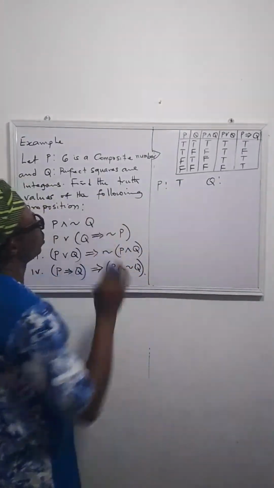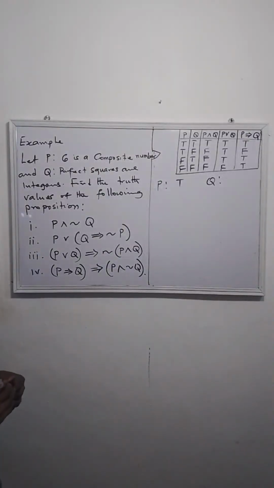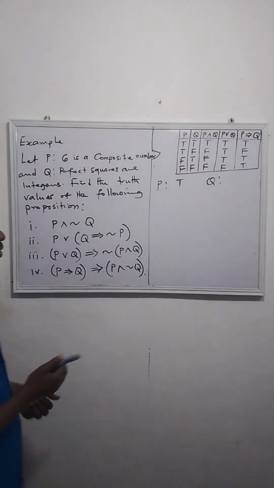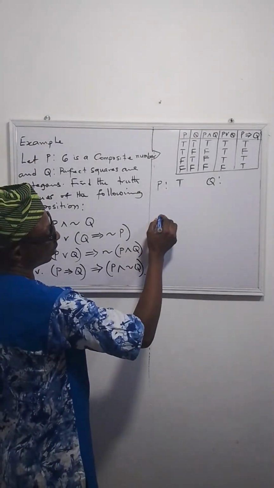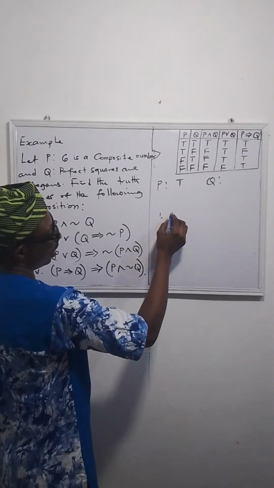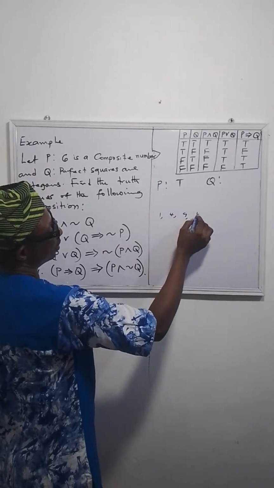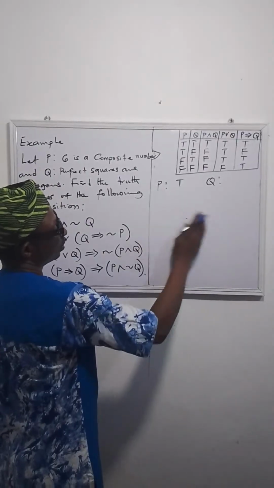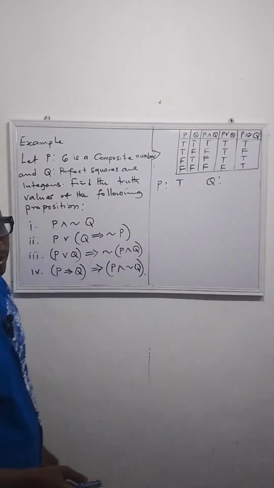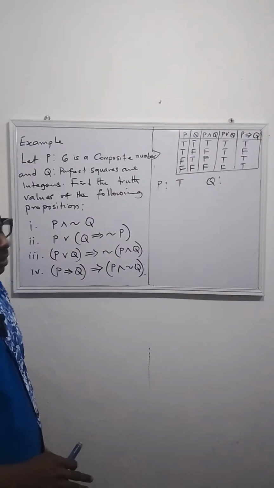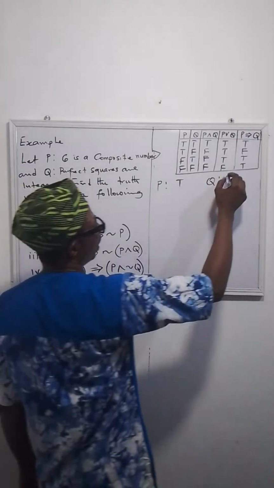And let's look at Q. Perfect squares are integers. Examples of perfect squares are 1, 4, 9, 16, 25, 36, and so on. They are all integers. So we have true.